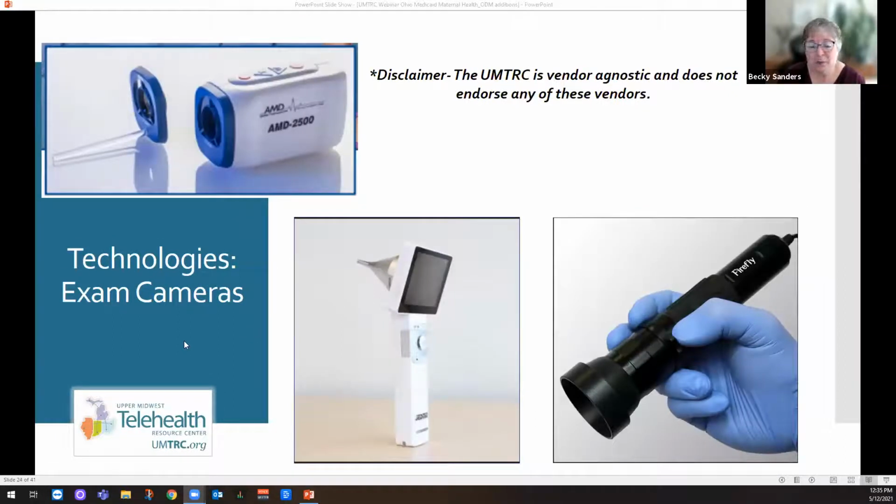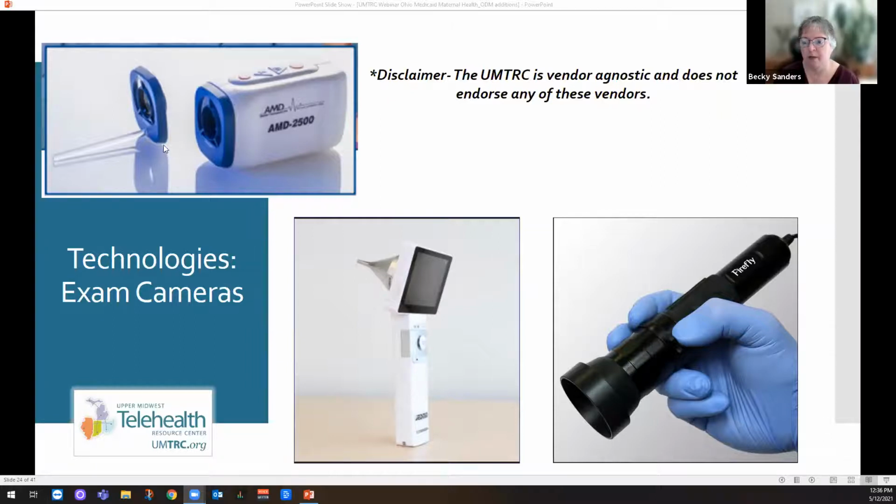As far as exam cameras, these are 3 different, very popular brands: AMD, GEDMed has the otoscope, and the Firefly exam cam. These 2, the AMD and the GEDMed, the backs of them can be twisted off.